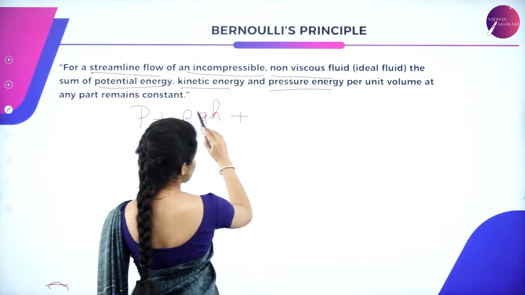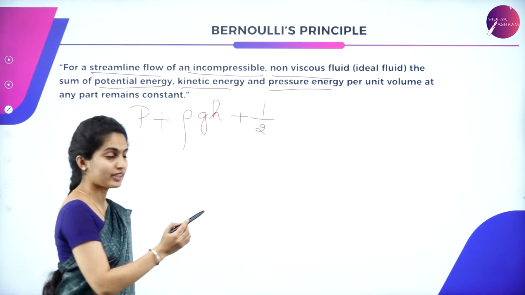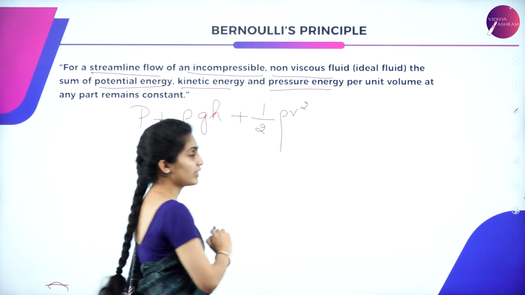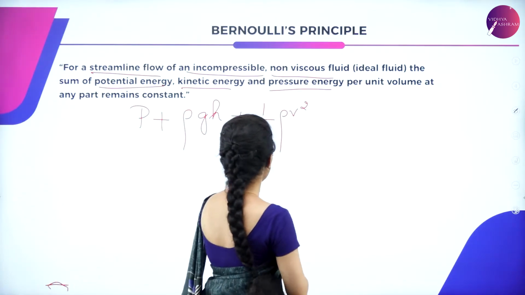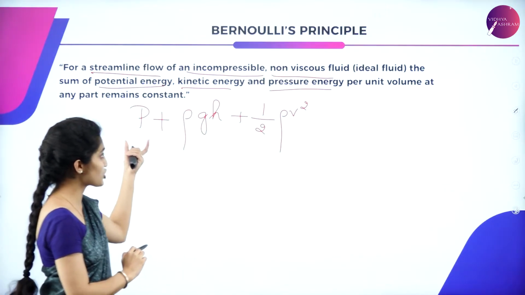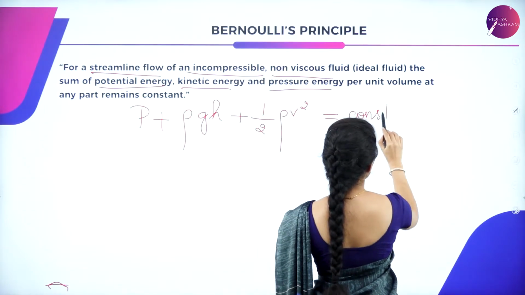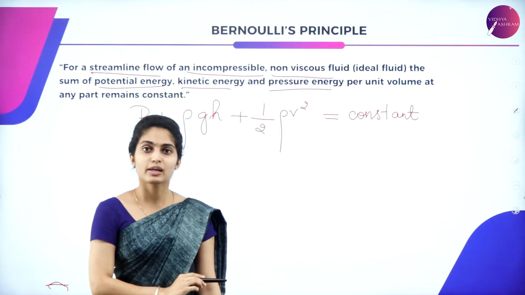Plus your kinetic energy is half rho v squared, since half mv squared is the formula for kinetic energy, with the density replacing the mass. So the sum of potential energy, kinetic energy and pressure energy per unit volume remains constant. That is all about Bernoulli's principle.